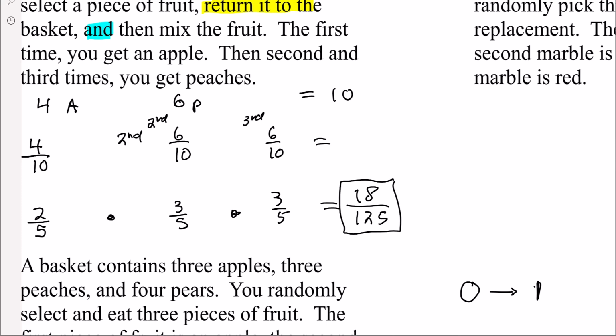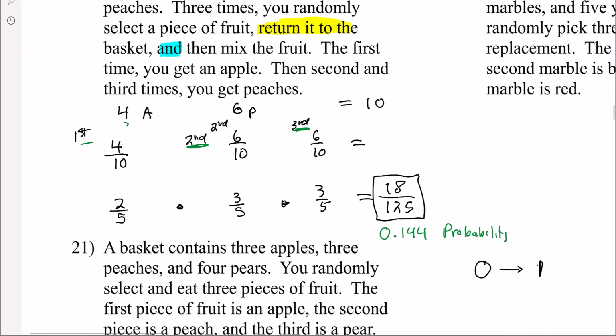Okay, so that is going to be a 0.144 probability of picking one apple and then one peach and then one peach when you draw fruit from the basket and it's done in that order. That's the probability. All right, that's it for this one.